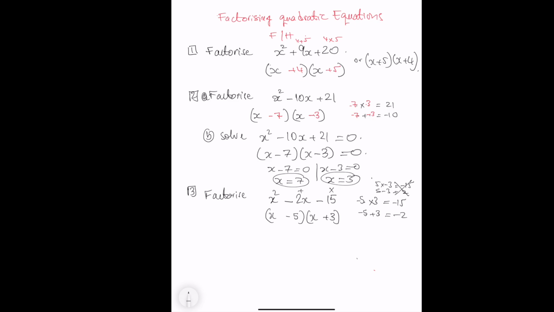Let's try the last one. I hope it will be different from the previous ones. Let's say, for instance, now we make this one positive. Let's say x squared plus 2x and minus 15.